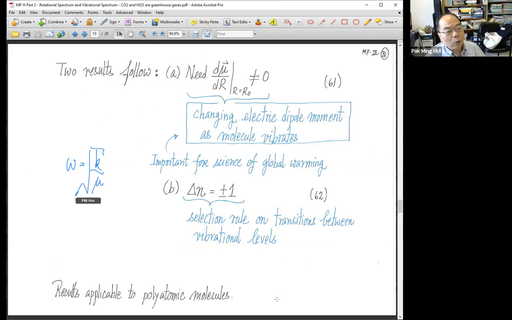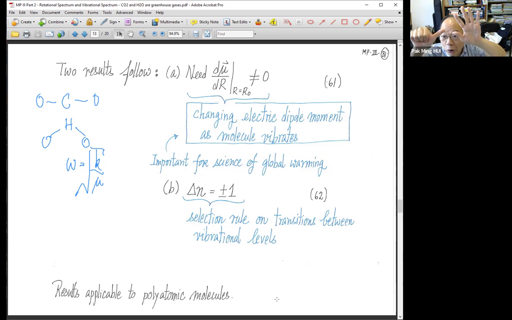Now, the case will be different when you have CO2 or H2O. In these two cases, do the counting. You need 9 numbers, 3 atoms. Then center of mass takes 3. Now, take CO2.